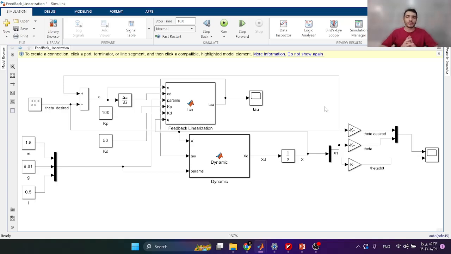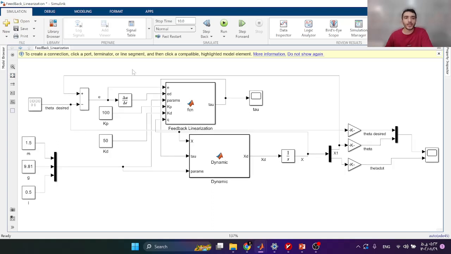Actually, the complexity of the feedback linearization controller can be seen in very big and complicated systems with more than, for example, 5 or 6 degrees of freedom, such that we have very enormous dynamic equations, and also we have a lot of equations.